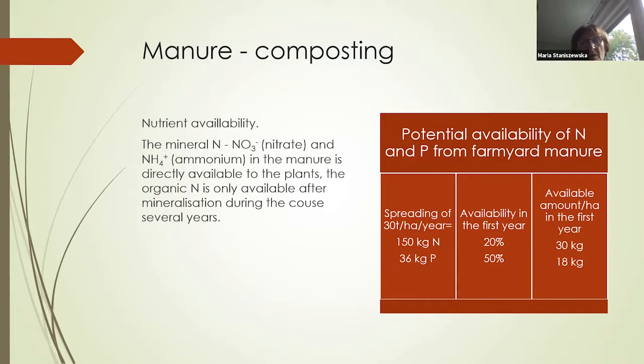And here on this table, we see that availability in the first year is 20%, only 30 kilograms of nitrogen and 80 kilograms of phosphorus can be consumed by the plants. And what is important, the rest of the nitrogen and phosphorus are in organic compounds, which are preserved to the next year. So it does not go to the water.